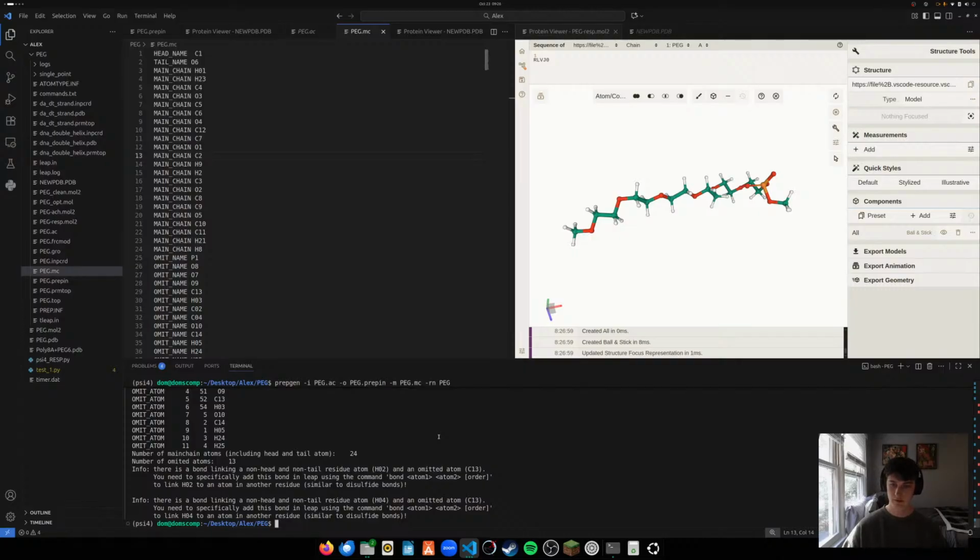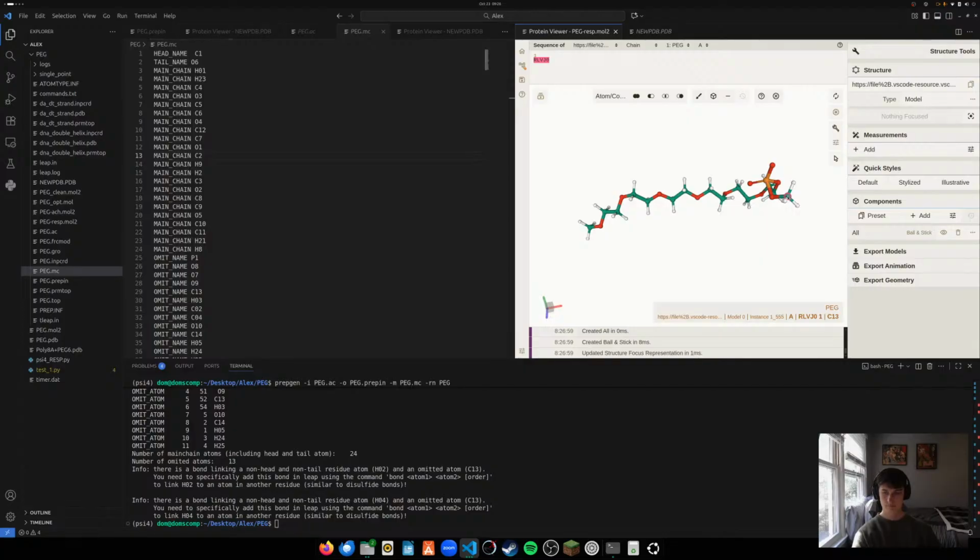There's a bond linking a non-head and a non-tail residue, HO2 in omitted atom C13. O3, O2, O4.